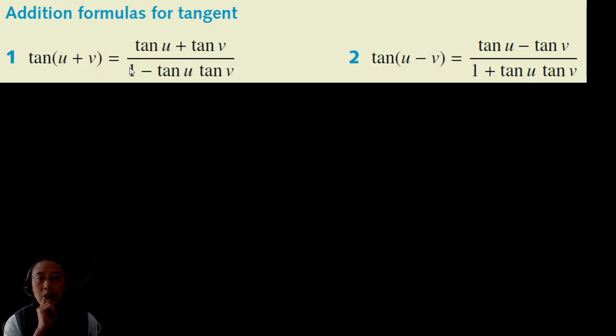So probably the first one is this one to remember. Again, if you have a minus v instead, this second term will be a minus, because remember tangent is an odd function. And here that term with a minus, that's a negative tangent of v, will become a plus on the denominator.